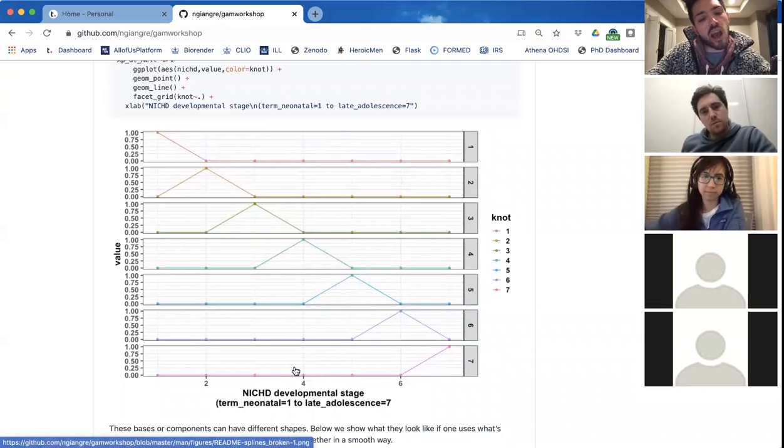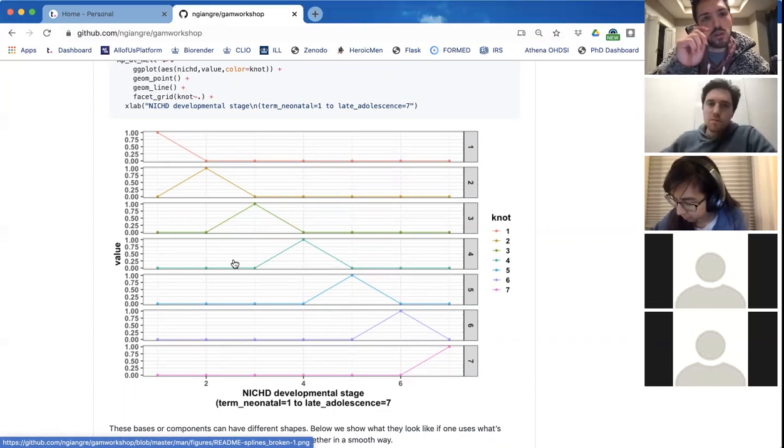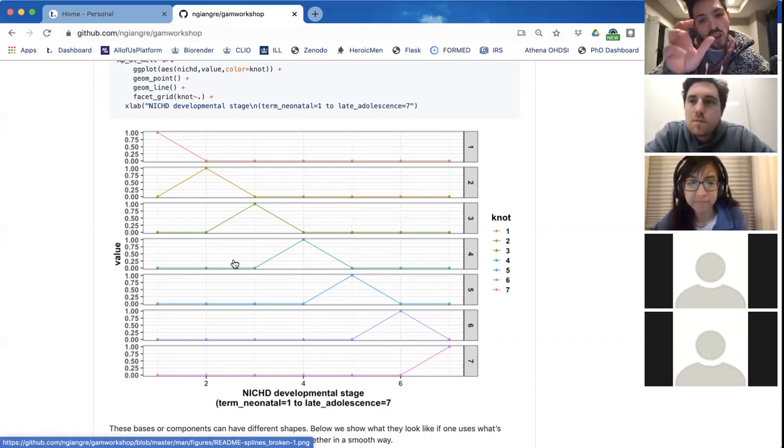But anyway, without going to the code, you can have 7 different bases, one for each child stage. Each one is tailored to a certain stage.